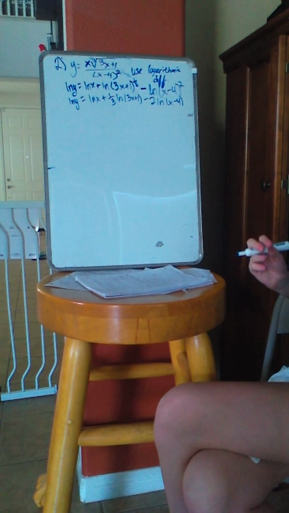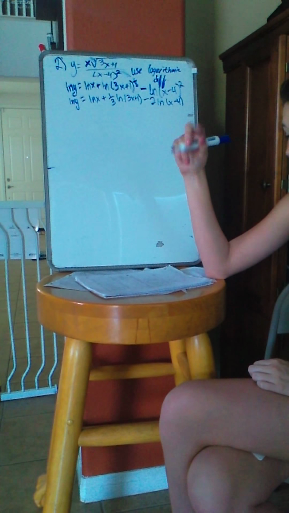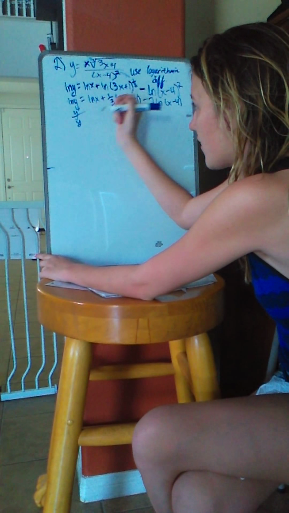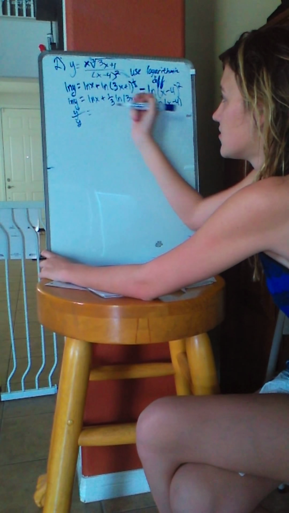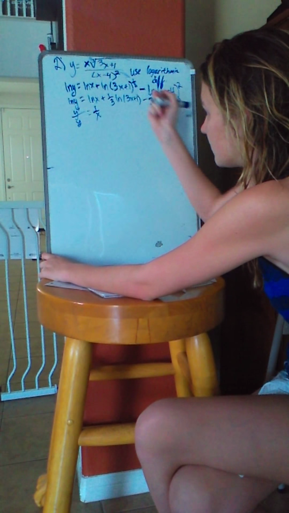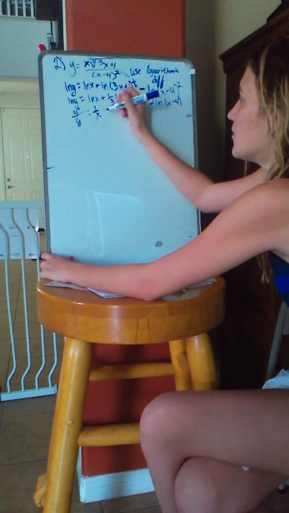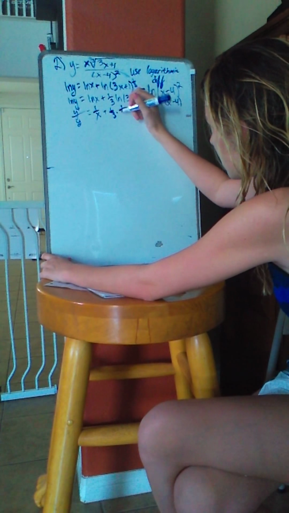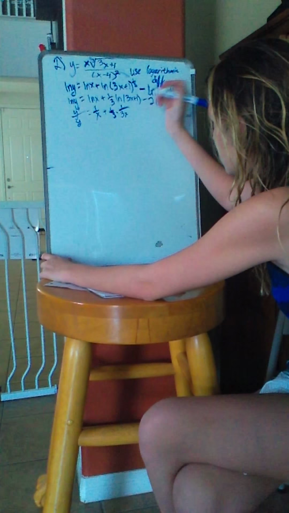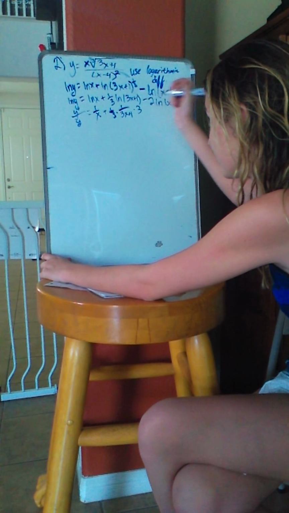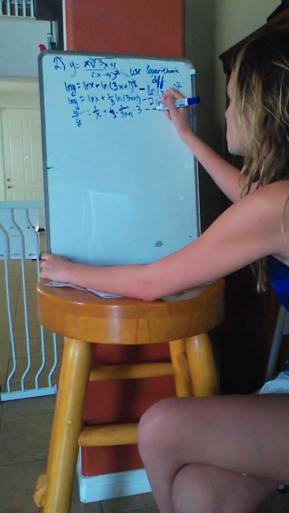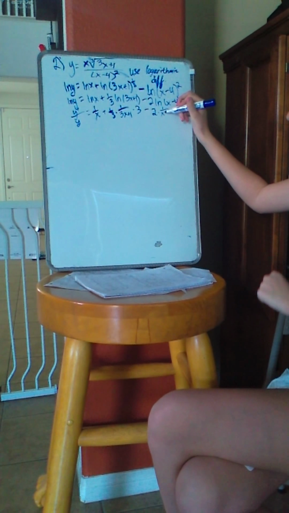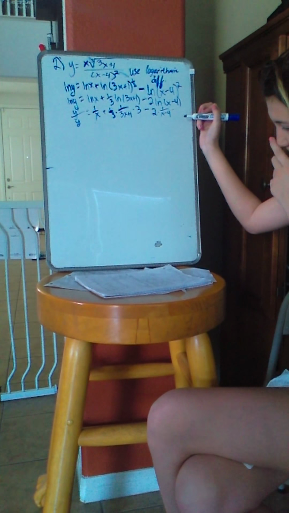Now I'm going to do 1 over the original times the derivative. So this will just be the derivative of y over y equals 1 over x times 1, plus 1/3 times 1 over the original 3x plus 1 times 3, minus 2 times 1 over the original x minus 4 times 1.